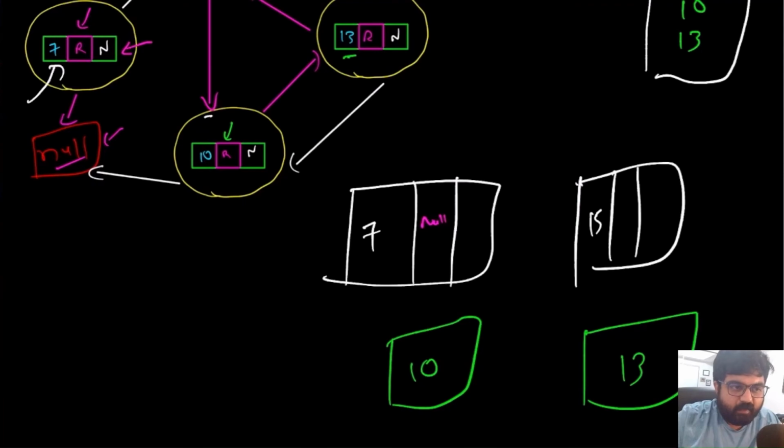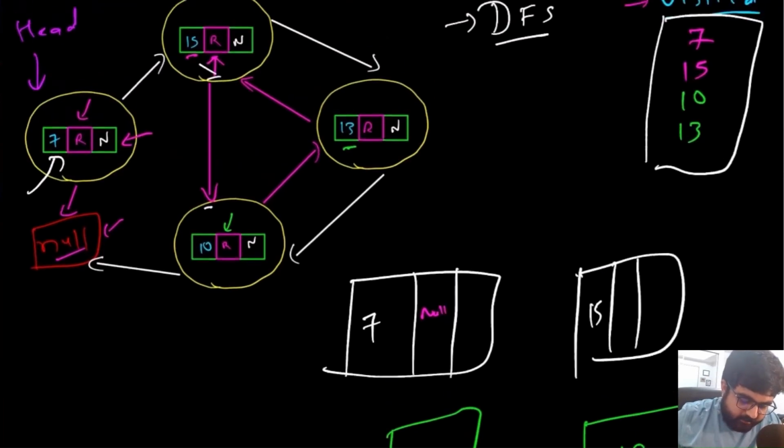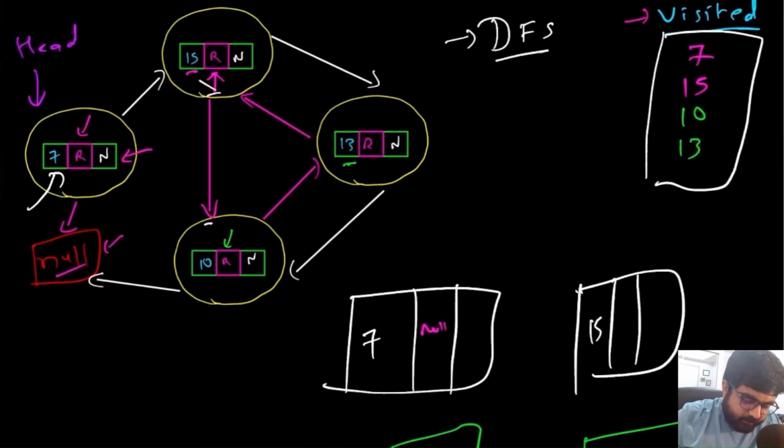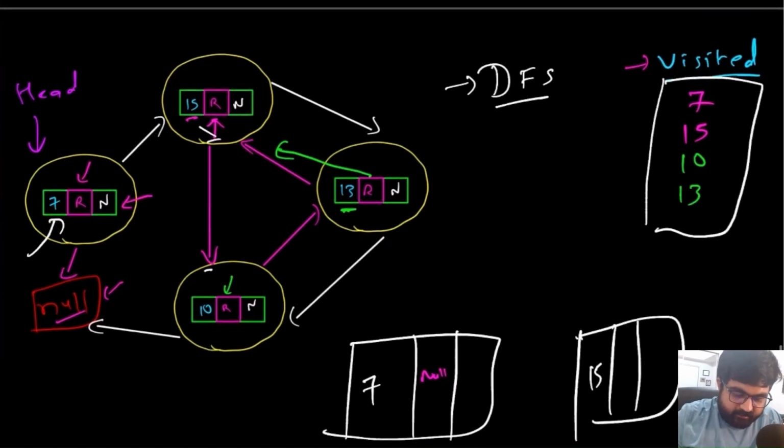Awesome. So now we have all four of our nodes set up, and we have also iterated through the random pointers. Now at 13, when we iterate over the random pointer of 13, it takes us back to node number 15. Because it is taking us back to node number 15, we will check whether it has been visited or not. Yes, 15 has already been visited, which means we are in a cycle.